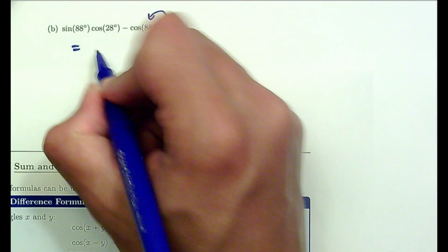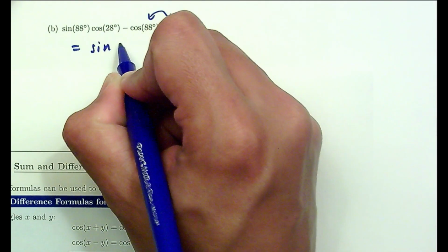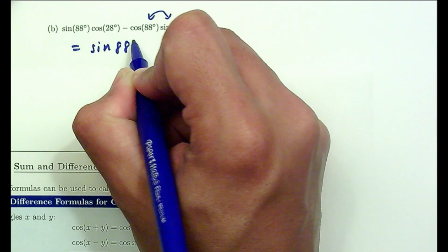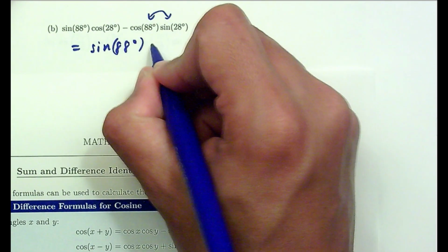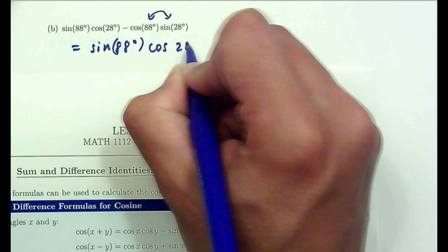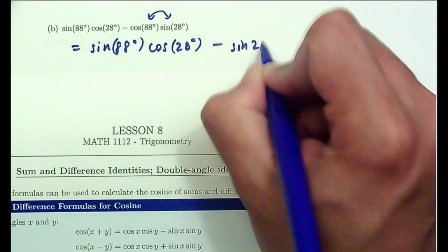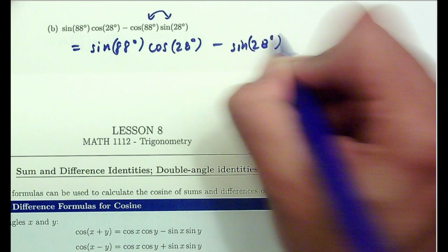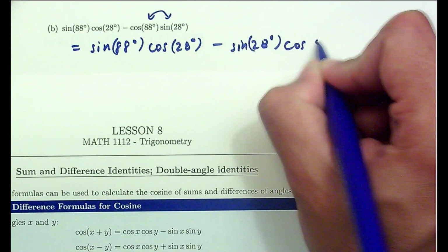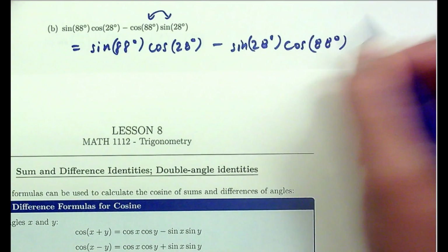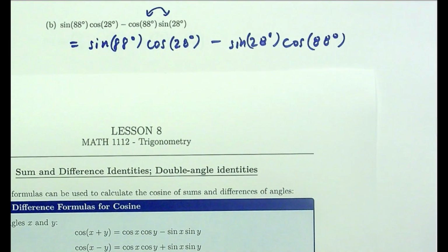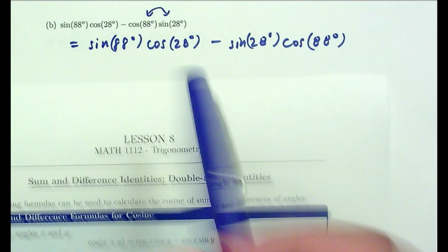So that means that this is actually the same as sine of 88 cosine of 28 minus sine of 28 degrees cosine of 88. Okay, so pay attention to that. It could be slightly different, but it's the same thing.